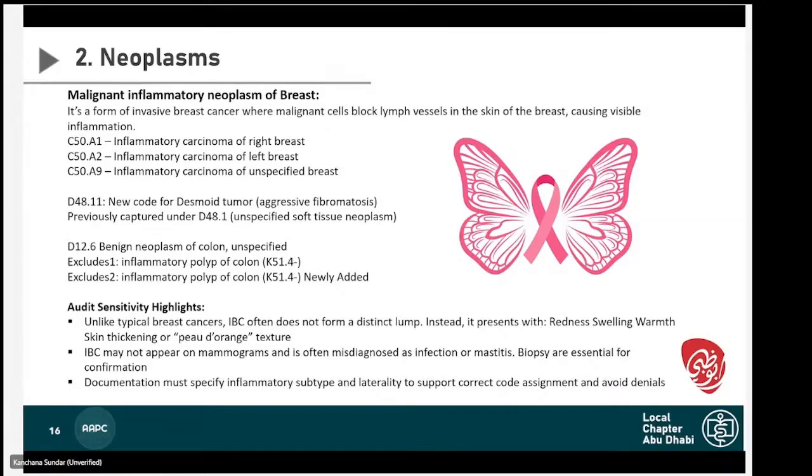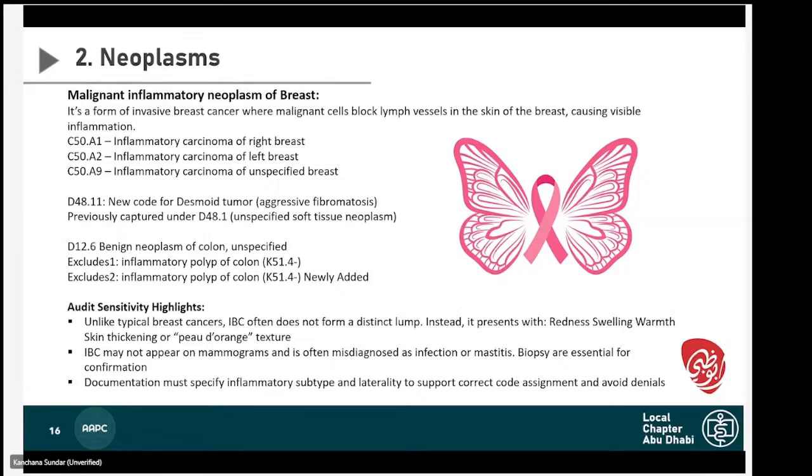When there was an excludes1, there was no possibility for me to code inflammatory polyp of colon along with a benign neoplasm of colon. But now we have an opportunity because the excludes1 is changed to excludes2. So D12.6, these are the important changes which we definitely have to take a look at and implement in our coding.